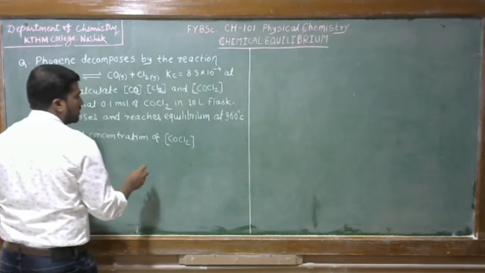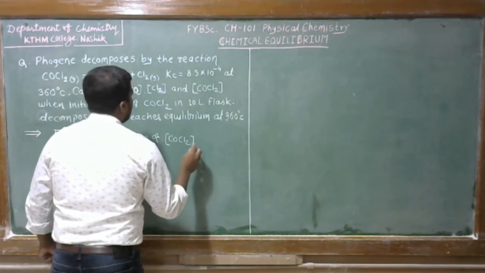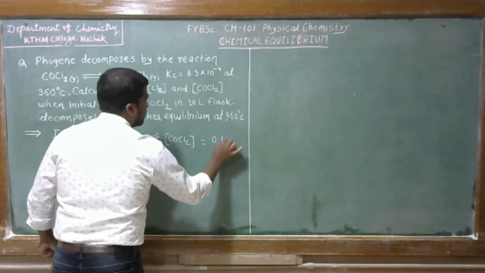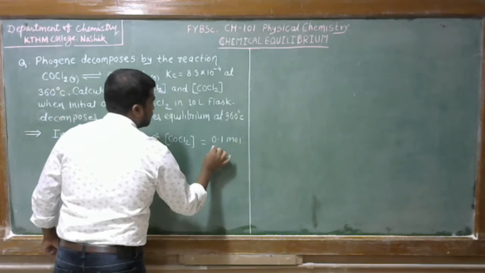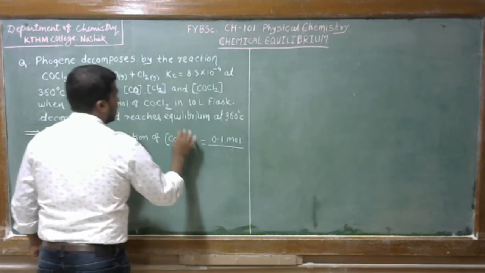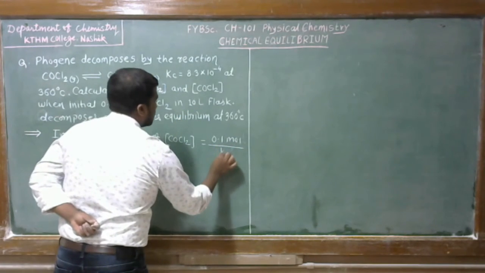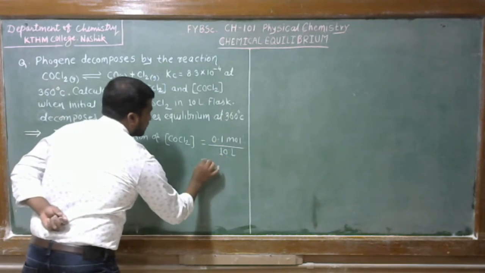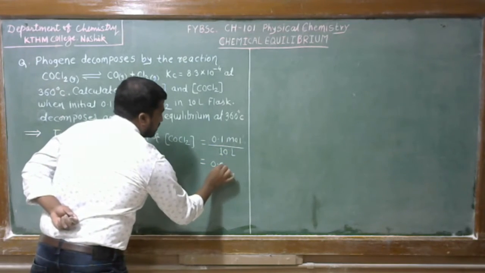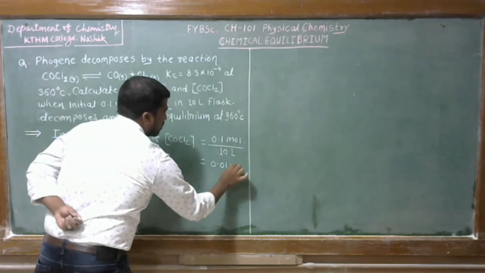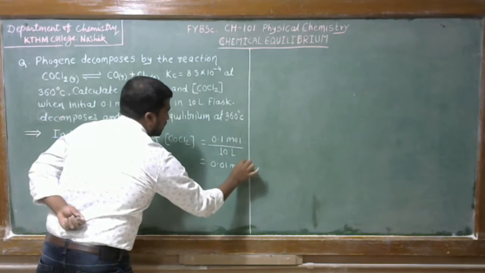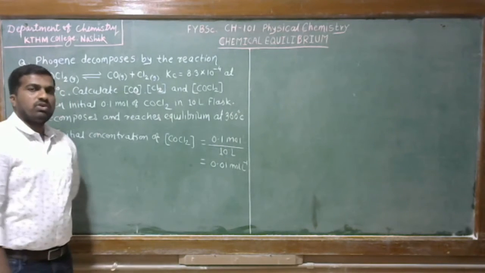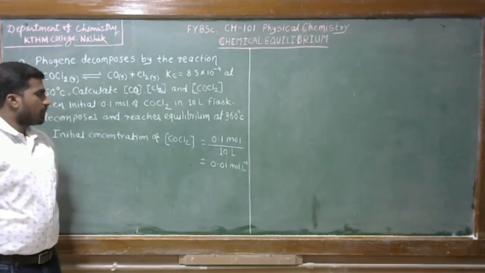The initial amount is 0.1 mole divided by 10 liter, so we get 0.1 mole per liter. This is the initial concentration of COCl2.